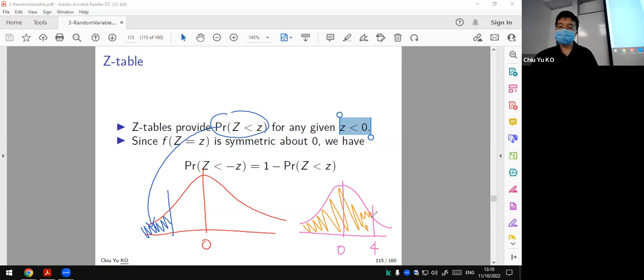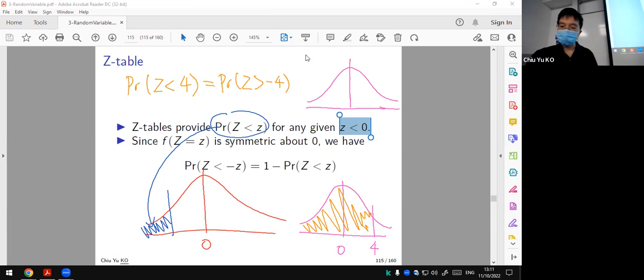So what we're going to do is, because of symmetry, the probability of Z less than 4 is the same as the probability of Z more than -4, because of symmetry. The reason is, look at this one. You just flip it to -4. Look at this area, they're the same, right?